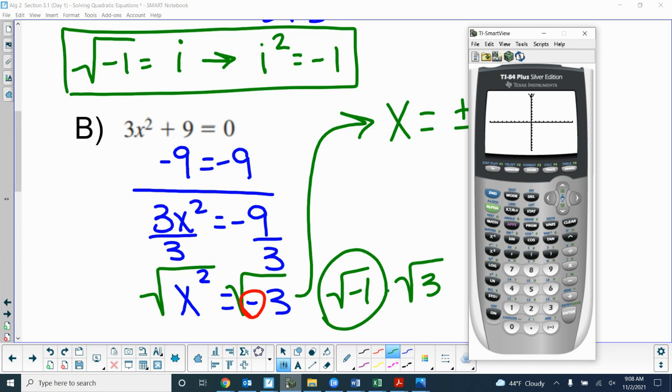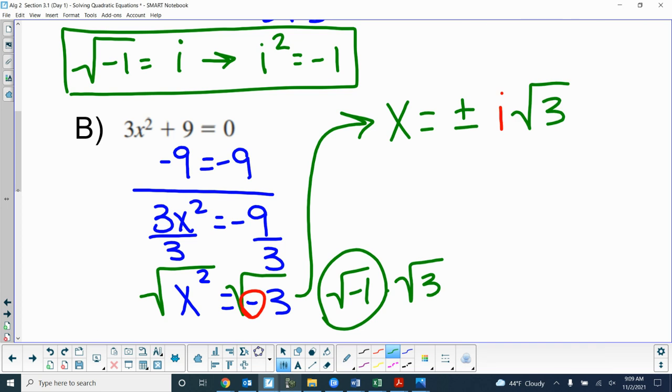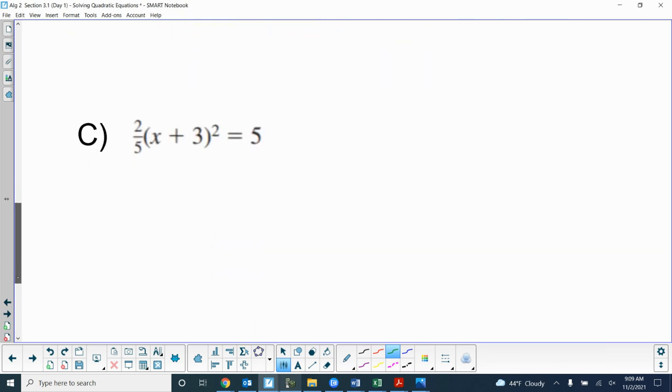So it was way up here by 9. It was hard to see, but it doesn't cross the x-axis. So when your parabola doesn't cross the x-axis, it has two non-real or two imaginary answers. Okay? And we'll get into these imaginary, or we call them complex numbers, a little bit later, or more tomorrow probably. All right, so how do I get the squared part alone here?